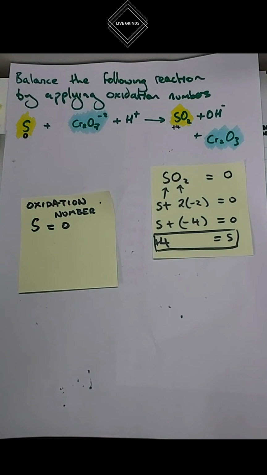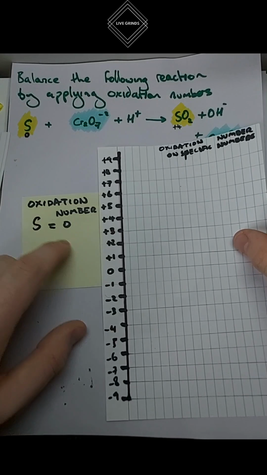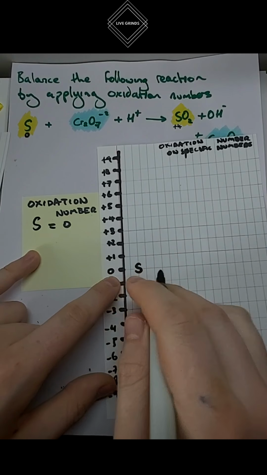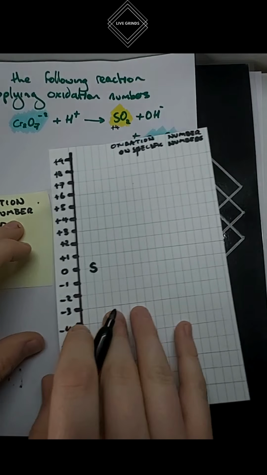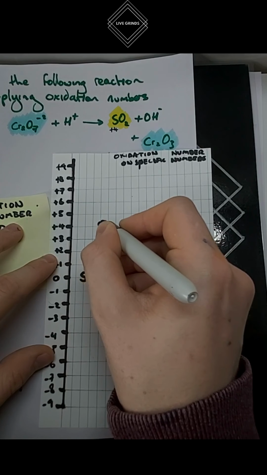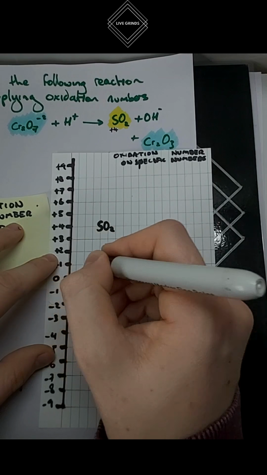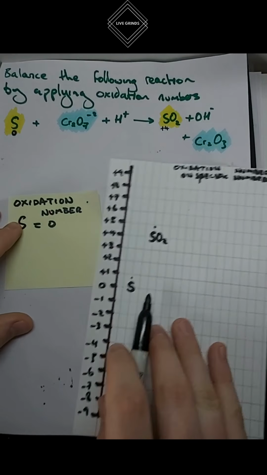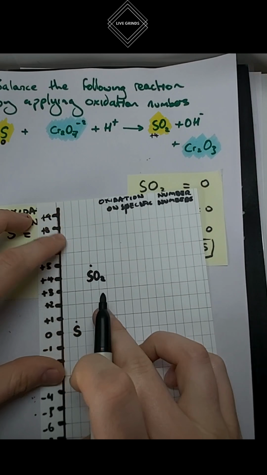So if we draw the molecules in, and our oxidation numbers, sulfur on its own, the atom itself, has an oxidation state of just 0, while sulfur dioxide in the compound has an oxidation state of +4, so we have to go up here. So sulfur dioxide, SO2. We'll put a little dot on the actual atom of interest. So sulfur dioxide has an oxidation state of +4, right? So as sulfur goes to sulfur dioxide, it's actually going upwards.